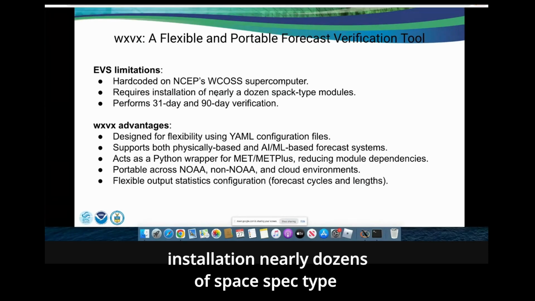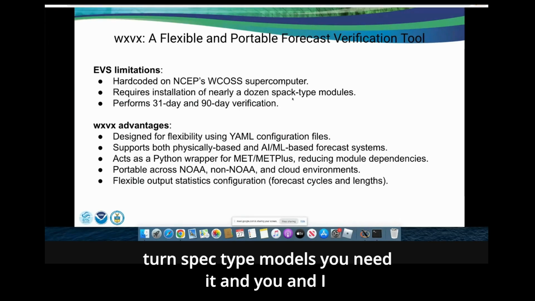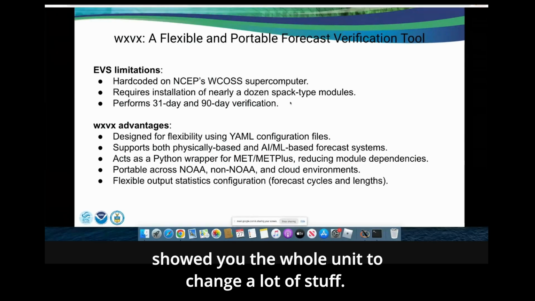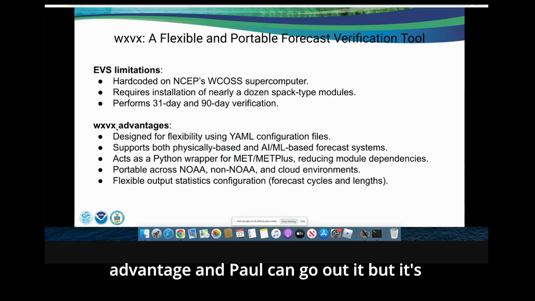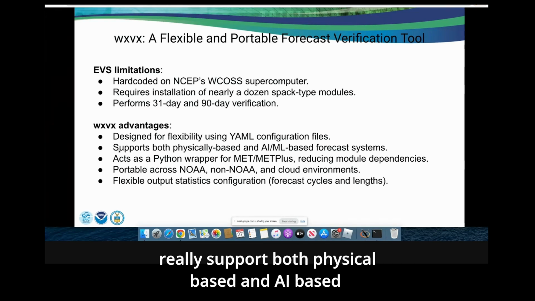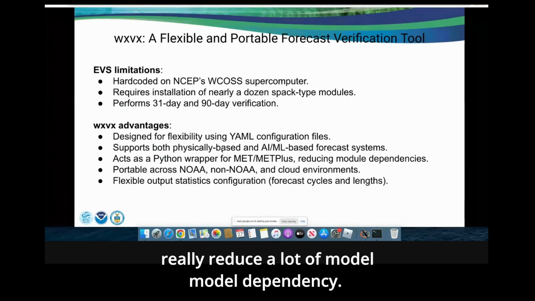It requires installation of nearly dozens of spack-type modules to perform this much verification. So the challenge is that you need dozens of spack-type modules, and I showed you the code, you need to change a lot of stuff. But we are keeping EVS as an option right now. WSVX has so many advantages, and Paul can go over it, but it supports both physics-based and AI-based models, with a Python wrapper for MET and METplus, which really reduces a lot of module dependency.